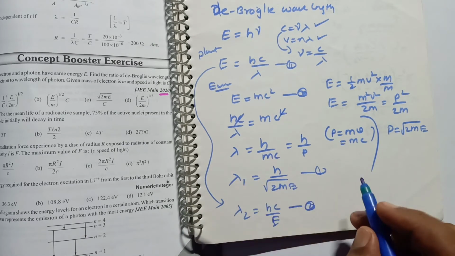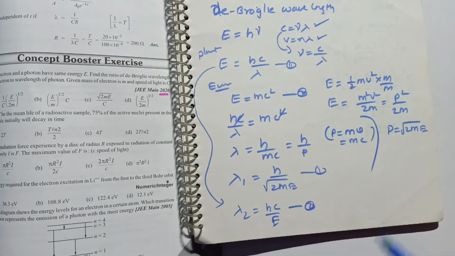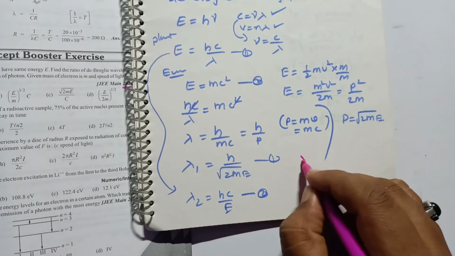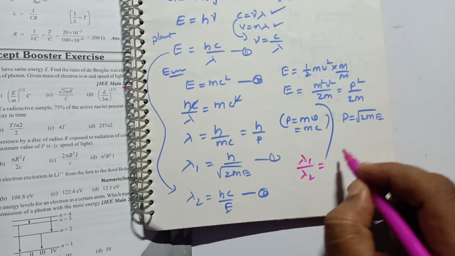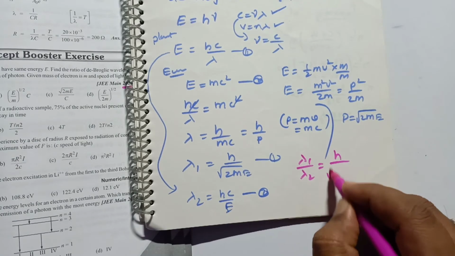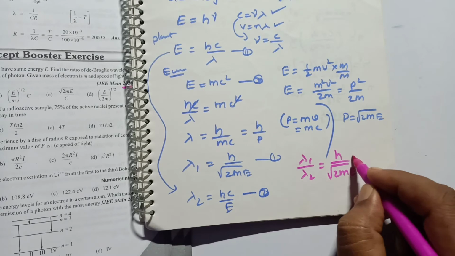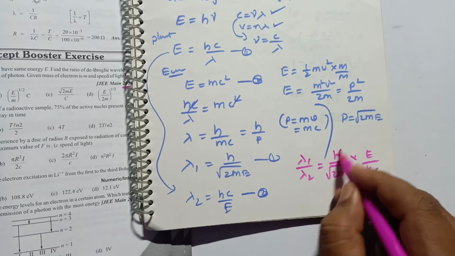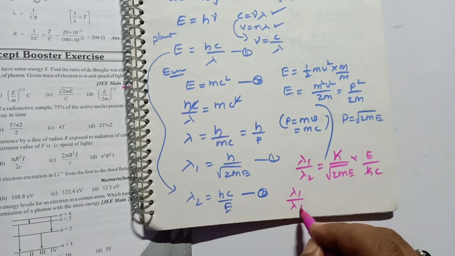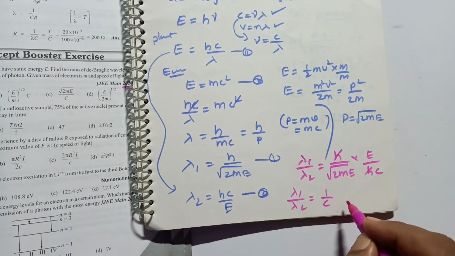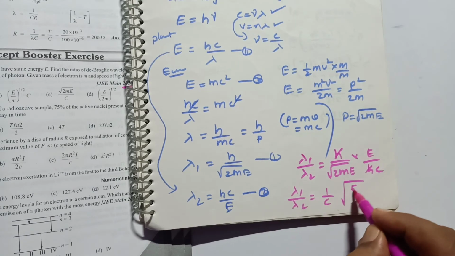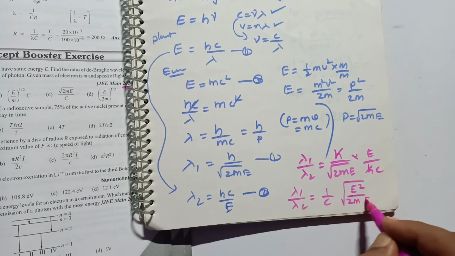He is asking us to find the ratio of these 1 and 2. How are you going to find it? It's very simple. You just write lambda 1 by lambda 2 is equal to h by root of 2mE into E by hc. Then h and h get cancelled. You can take 1 by c outside and send this E inside, so it becomes E square by 2mE.